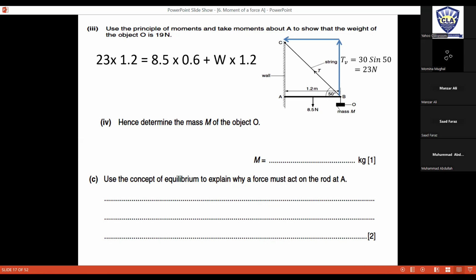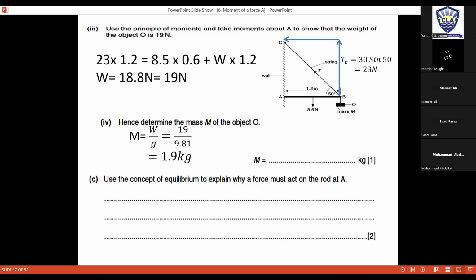T vertical is at 1.2 distance, W is at the midpoint because it is the weight of the object, and the mass is also at 1.2 meters. So simplify that and you get the value of W as 90 newtons. How to find mass from weight? W is equal to mg, so m is equal to W over g, and you get the answer.